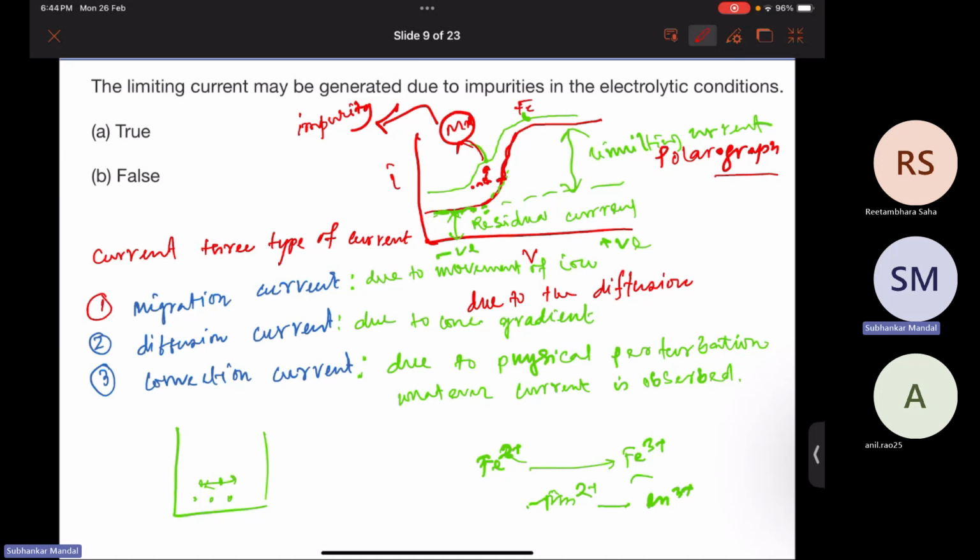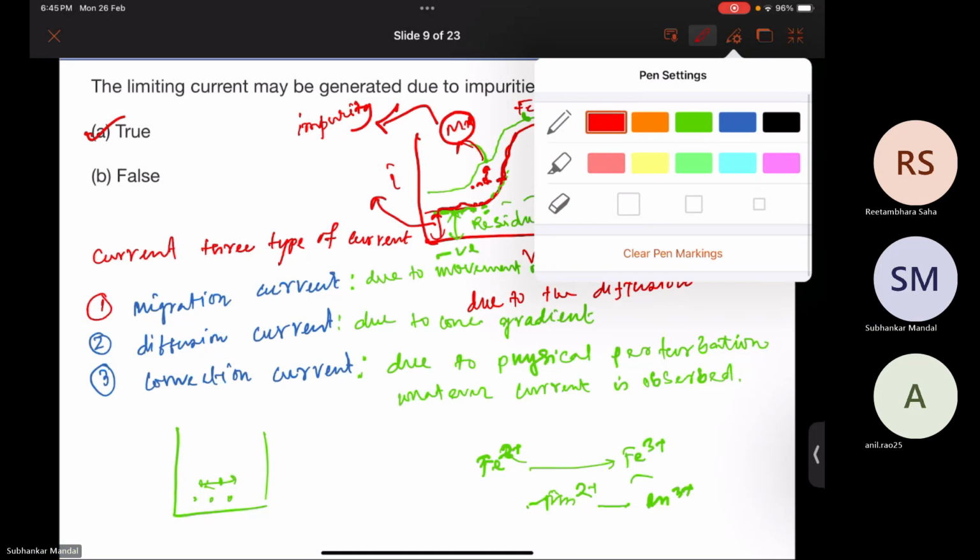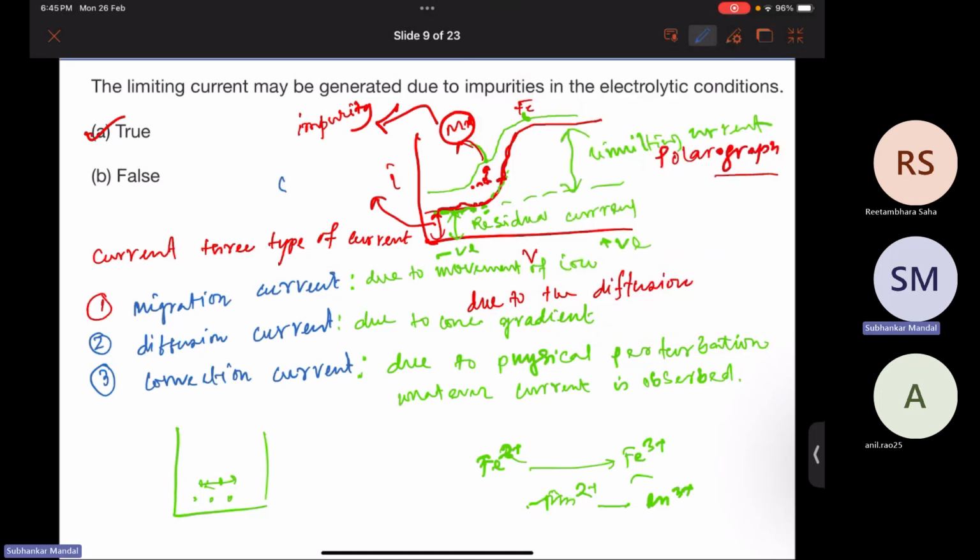That means limiting current may be generated due to an impurity in the electrolytic condition. So that is true. If a small hump or something is there in the residual region, then we cannot say that it is coming from the supporting electrolyte.